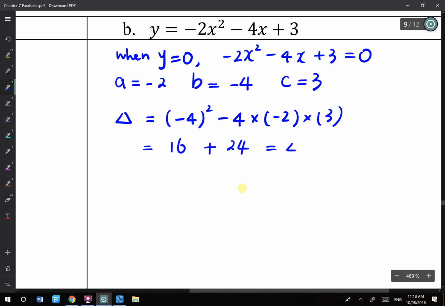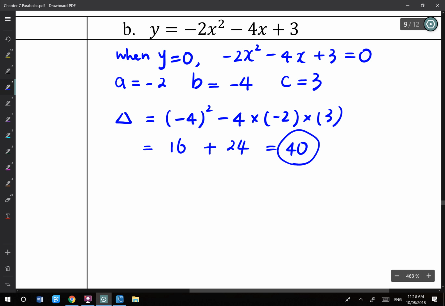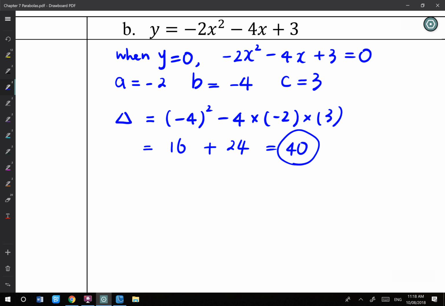That gives me a 40. Can I solve it? How many solutions do you have? Do you think those two solutions will be rational solutions or irrational solutions? Irrational, because square root 40 is not a square number. I can't get out of the square root this 40. So it will be irrational. It's not a rational number. If you have a 16 here, then it will be rational. You don't have the square root.